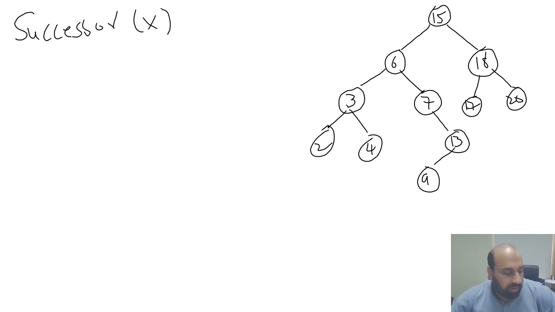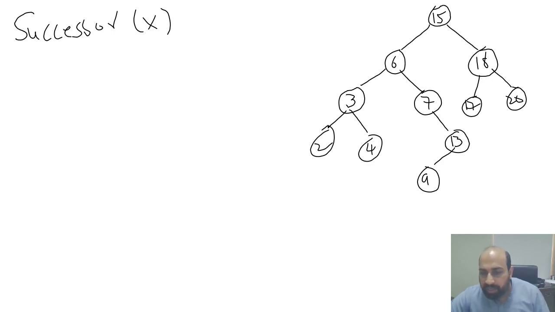So for example, I'm interested to know about 13, but before 13, let's start with 2. If I am interested to find the successor of node 2, does the right subtree of node 2 exist?